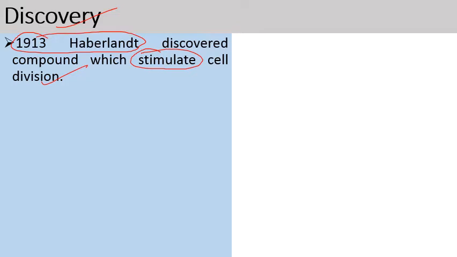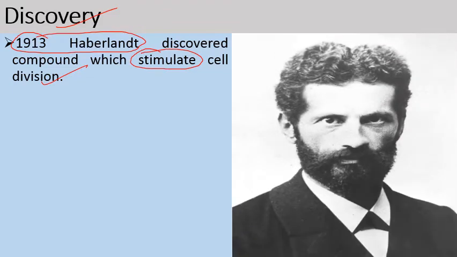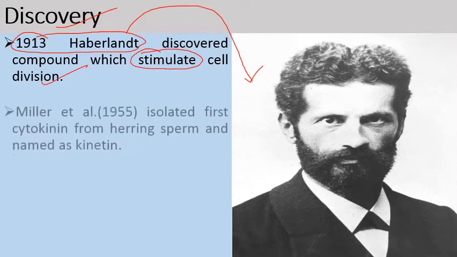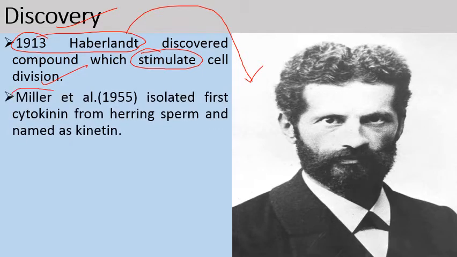Herring is a fish. This is the photograph of Haberlandt, who is commonly known as the father of plant tissue culture. So Miller and his co-workers were the first to isolate cytokinin from herring sperm, from the sperm of this fish, and it was named kinetin.